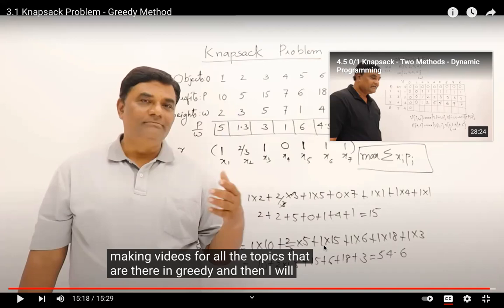The possibility that we consider all the fractions and then come back to the same object again to take more is very low. Whatever we can take based on the maximum profit or optimal solution, we will take the first time only. And unlike unbounded, we cannot take multiple times.